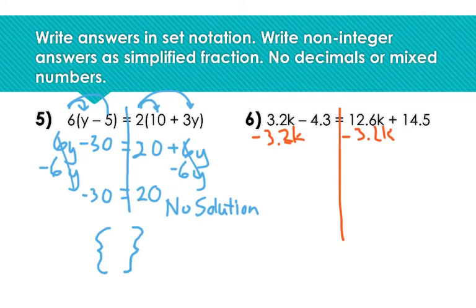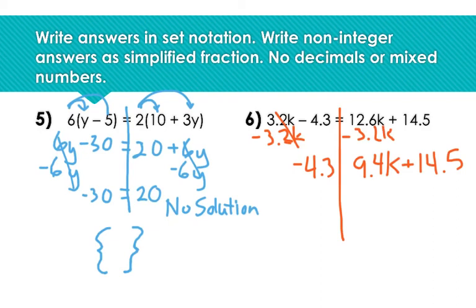And that gives us, no k's on the left, so we get negative 4.3. On the right, 12.6k's minus 3.2k's will give us 9.4k's plus 14.5.